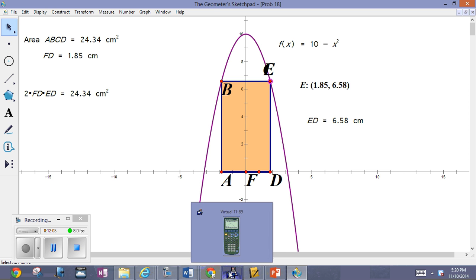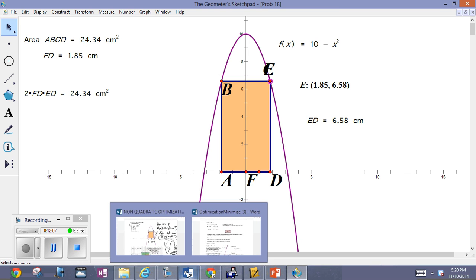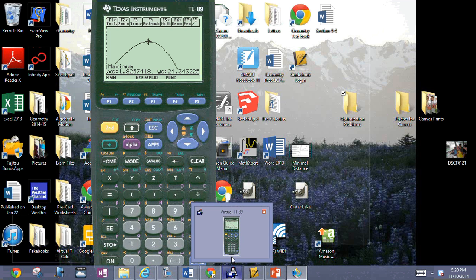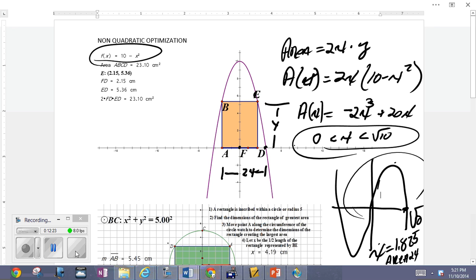Now, of course, I didn't really find it analytically. I had to go to my calculator because the analytical solution will only be with the calculus, but I do expect you to use your calculator in these instances to find this optimal value. And so there it is. Everything all done with that example.